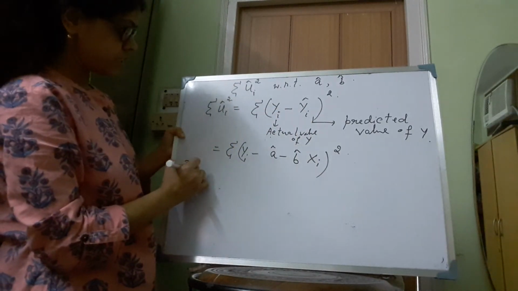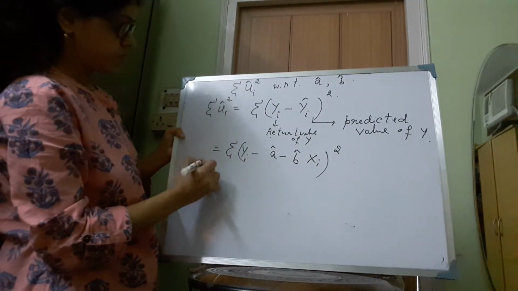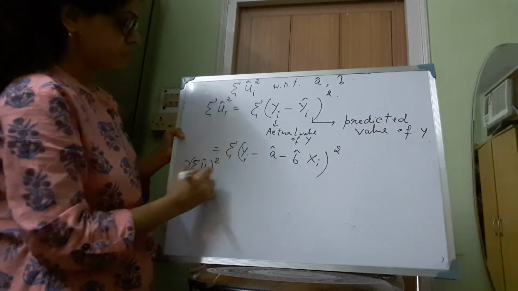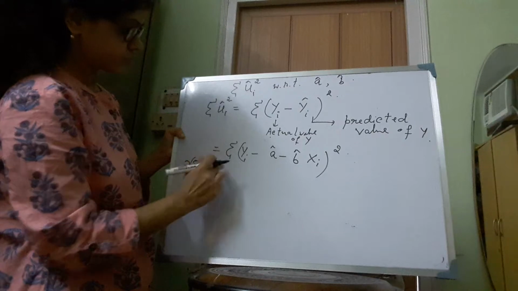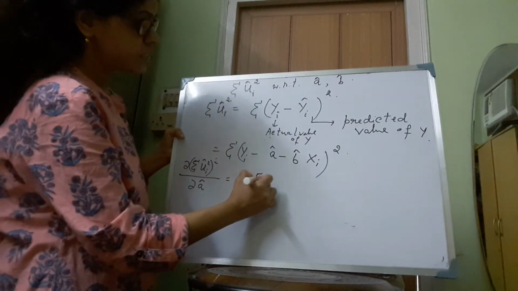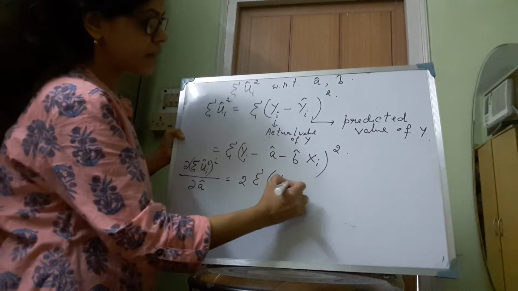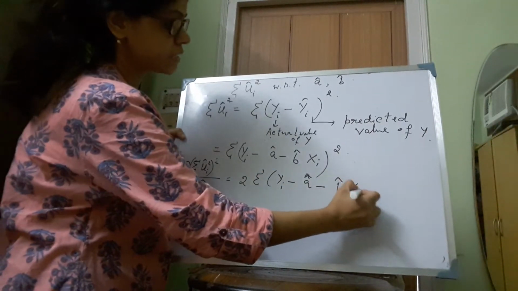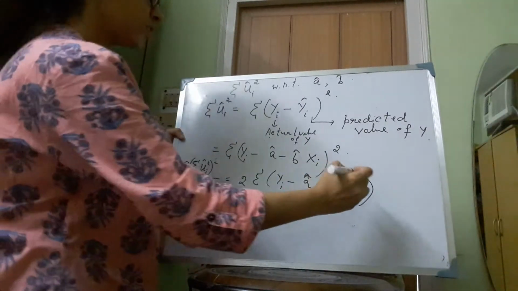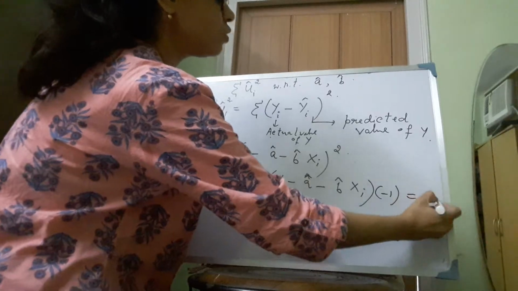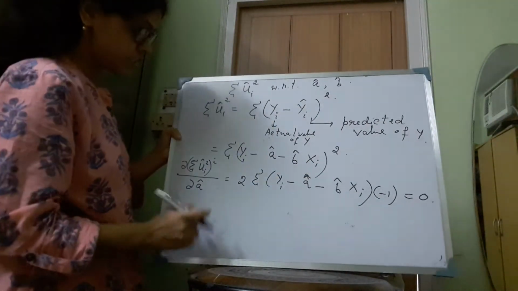So the first order condition for minimization is delta of summation of ui square delta a hat is equal to 2 summation of yi minus a hat minus b hat xi. Then there is a minus 1 here. So that should be equal to 0. So this is one of the first order conditions.